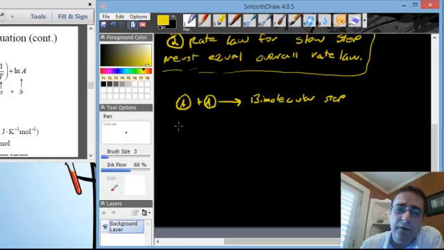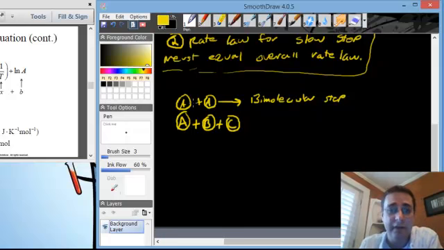But if your elementary step involves the collision of three particles, keep in mind that an elementary step is a single collision event, meaning what you're saying by writing that elementary step is those three particles must collide simultaneously, three particles at once, in just the right way, with sufficient energy.